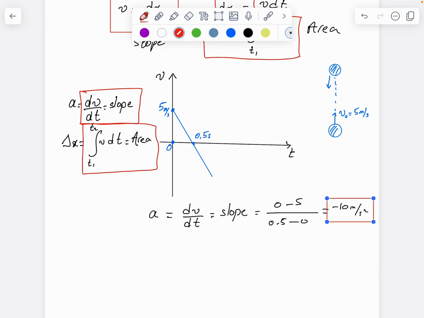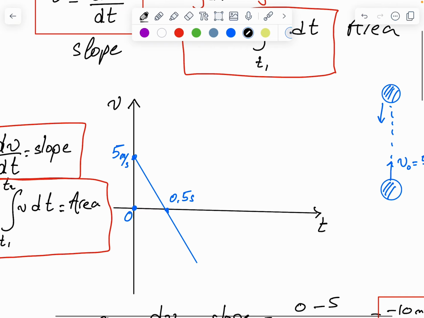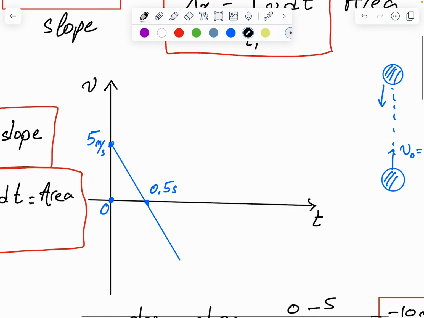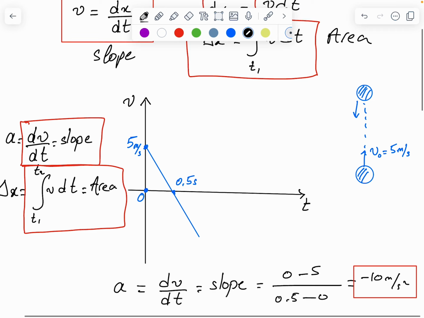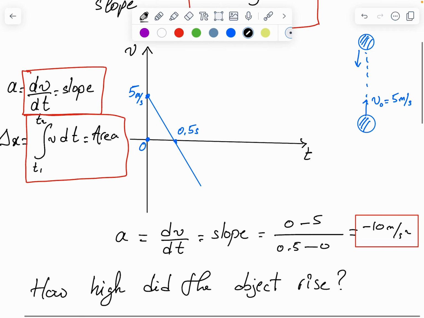If the question was to find the displacement, or how high the object rose, we already know that the time needed to reach the maximum height is 0.5 seconds because the velocity will be 0 in that case. It's the maximum height.